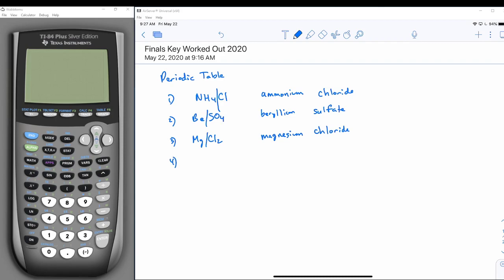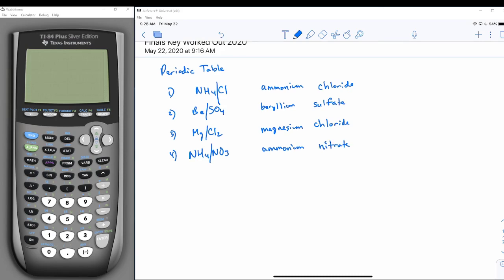Okay. 4, NH4NO3, that splits up into ammonium nitrate. 5, Sr3(PO4)2. Again, notice that we are not really even acknowledging the subscripts here because they're not necessary in naming.